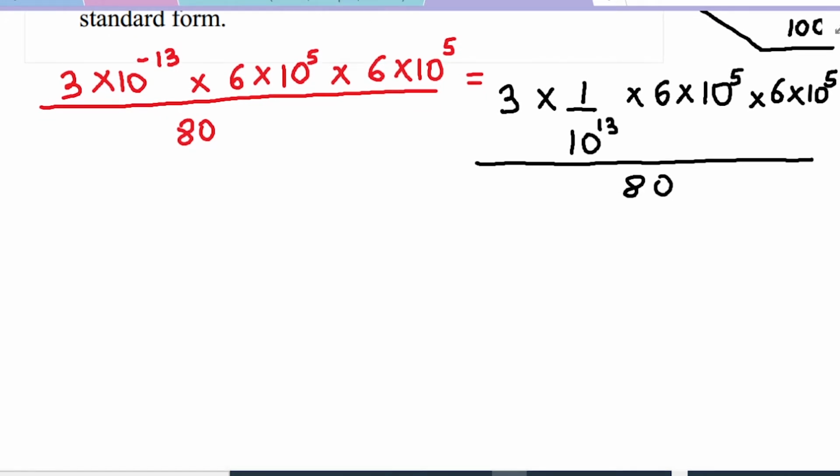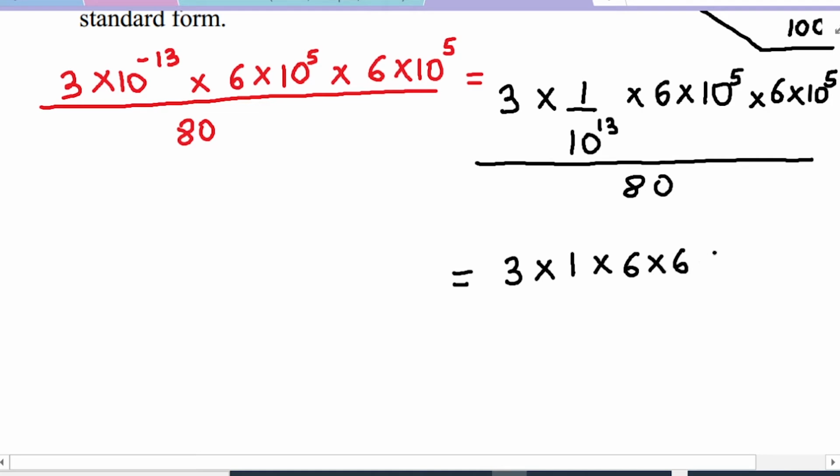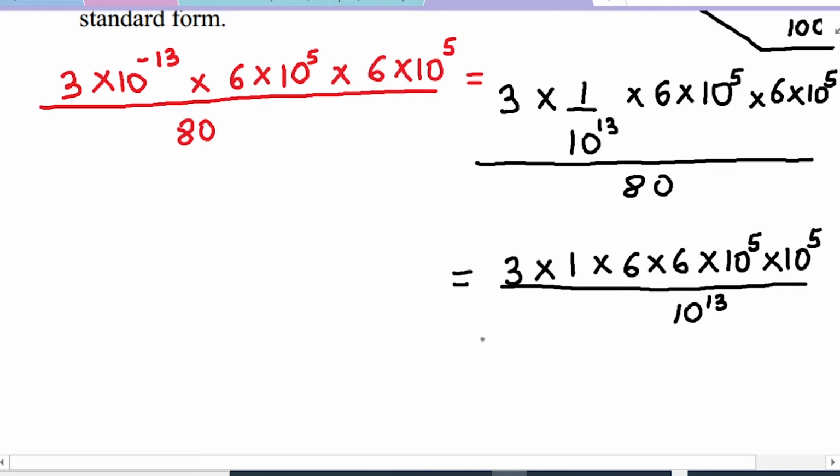So let's rearrange the top part. So this is going to become 3 times 1 times 6 times 6. Then we have times 10 to the power 5, times 10 to the power 5. Divide all this by 10 to the power 13. And of course, all this is divided by 80, like that.